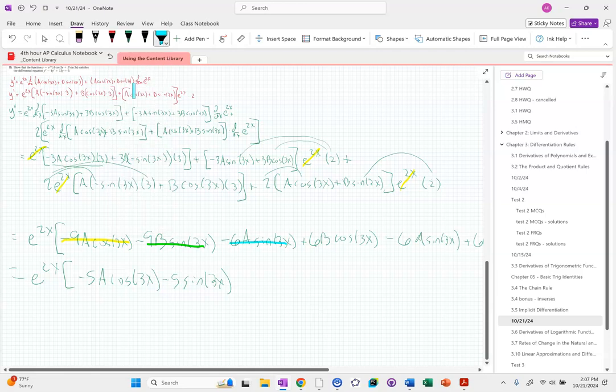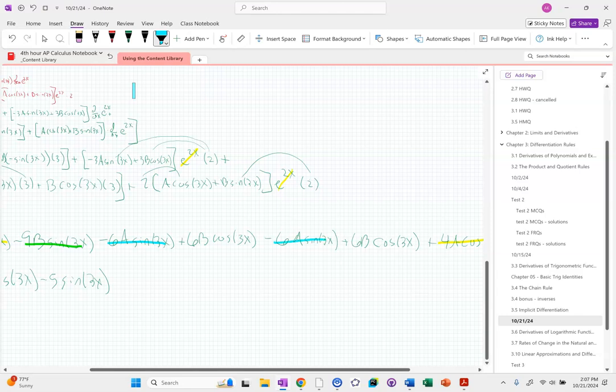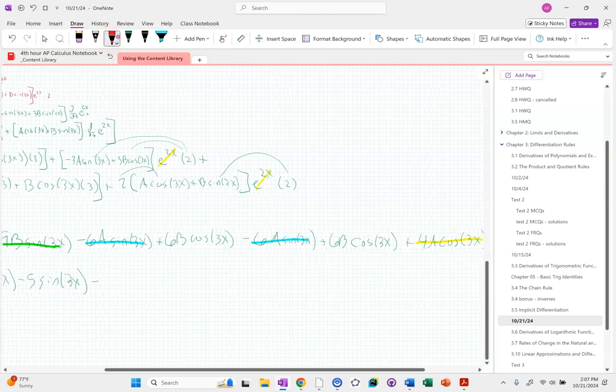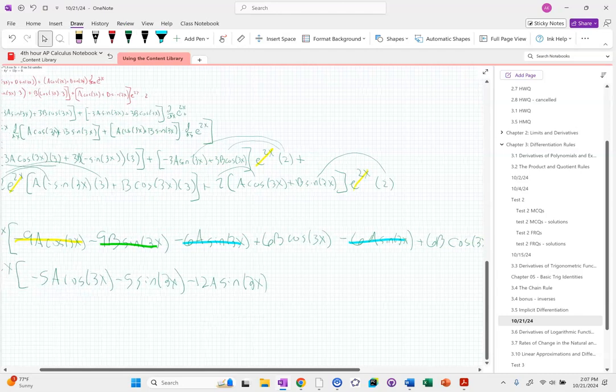I have a negative 6a sine, another negative 6a sine, so that's negative 12a sine. Is everything looking okay so far? Oh, thank you.